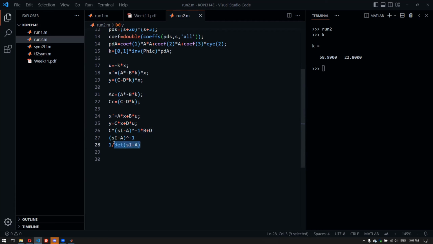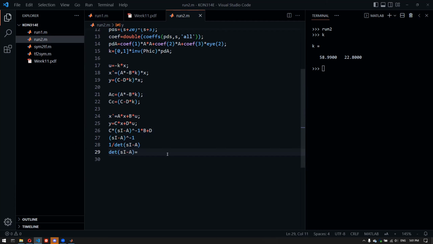And this determinant sI minus A is a special thing because it's going to be the characteristic polynomial or the denominator of the system. And also, s here is going to be the eigenvalue of A. So we can just test it by looking at the determinant sI minus A, which I'm going to do in a minute.